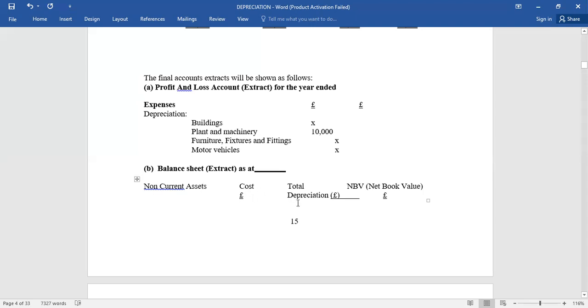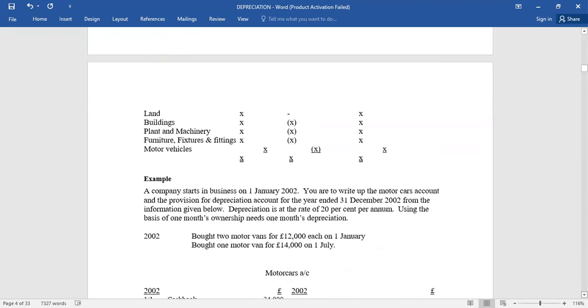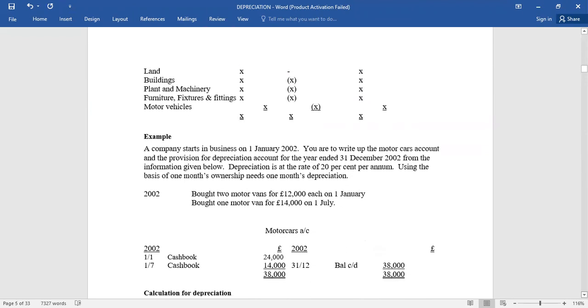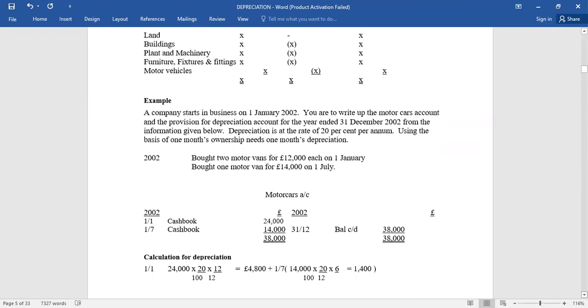Our cost was 100,000. The depreciation is 10,000. So our net book value in the first year will be 90,000. Let me see. Yeah, it's not stipulated, but that's what will be happening.